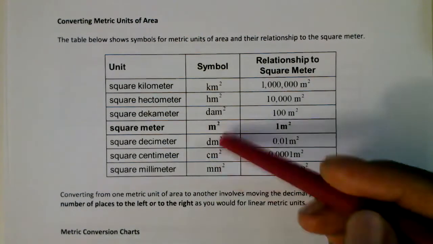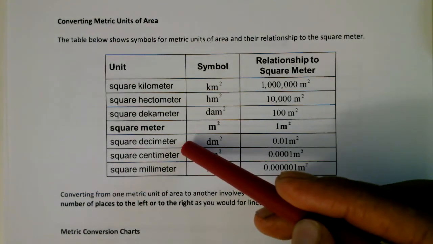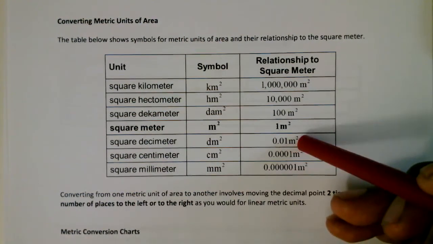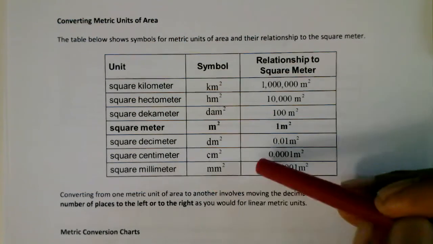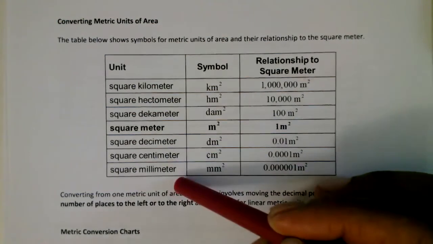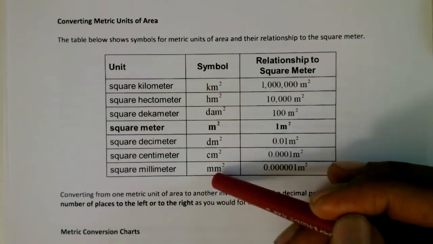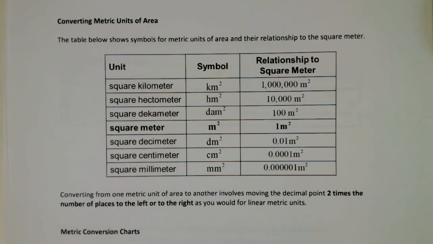And going back this way, we have the square decimeter. Usually the decimeter is 1/10. Square the 1/10, you'll get 0.01 square meters. Centimeter is 0.01. You square that, it will be 0.0001 square meters for the square centimeter. And then square millimeter, that's usually 1/1000 or 0.001. You square that, you're going to get 0.000001.